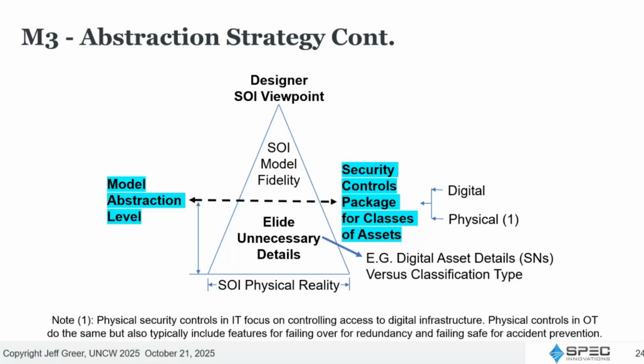But when you look at OT, operating technology controls, you can use some of the IT security controls, but it also typically includes features for managing what's unique in OT, and that is you don't want a catastrophic accident because industrial systems typically have chemicals, high temperatures, pressures, high electrical fields.